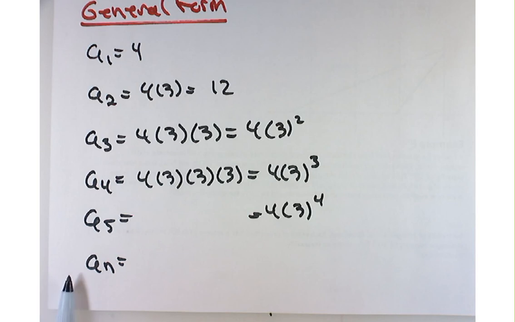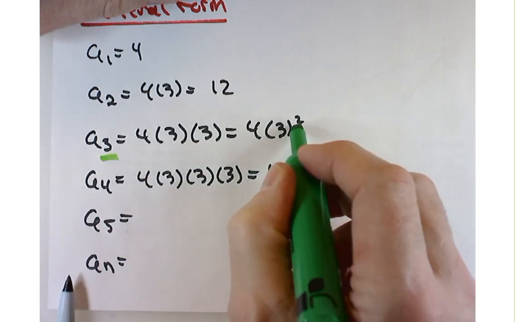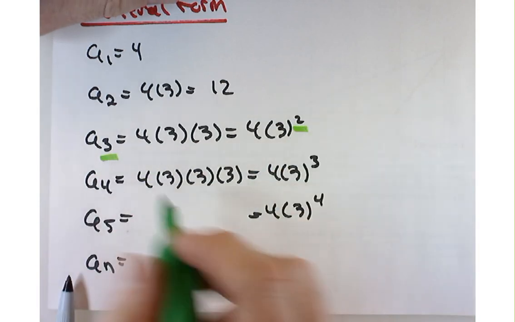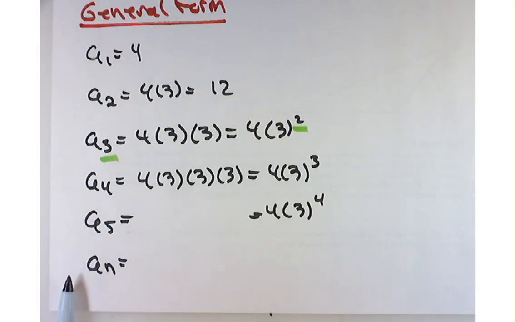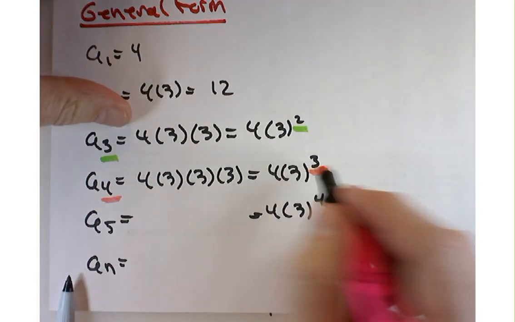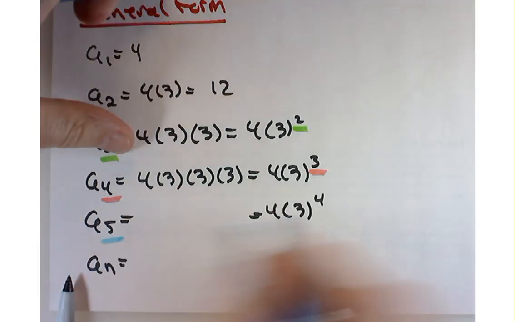The thing to do when you're trying to find a pattern is take a look at your subscript and then look at things like here. 3 and then a 2. Or a 4 and then a 3. A 5 and a 4.